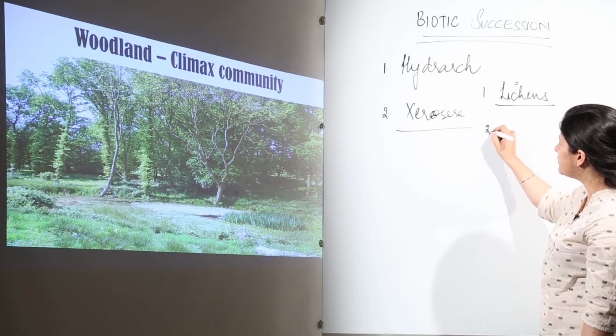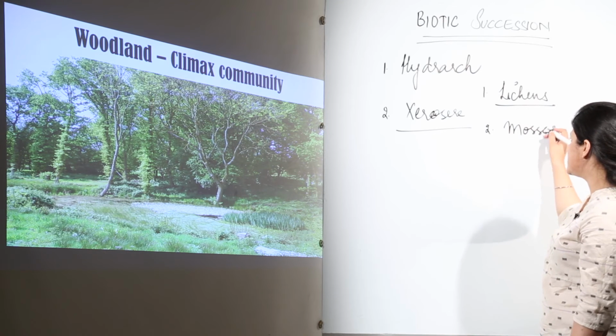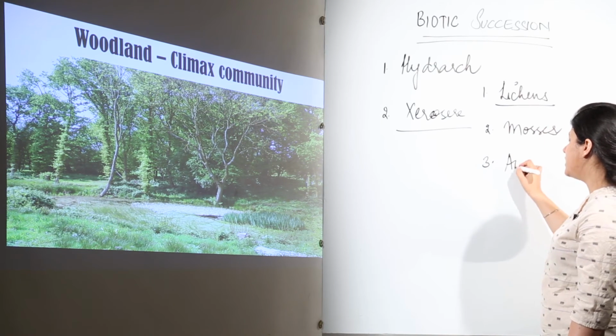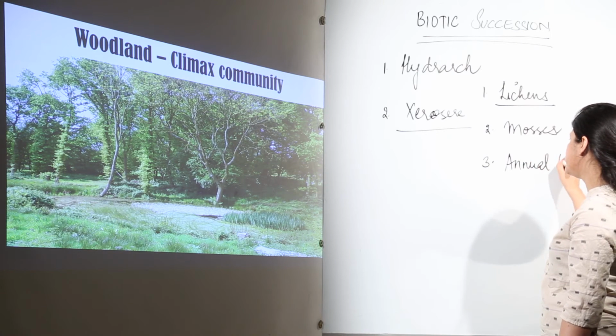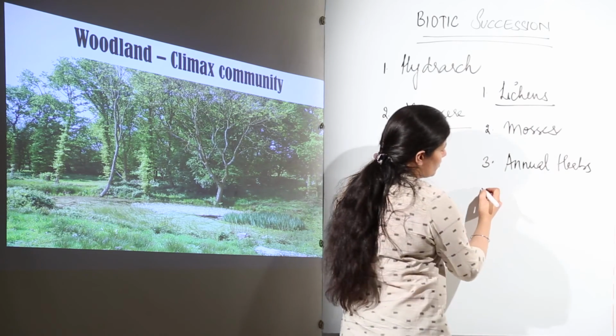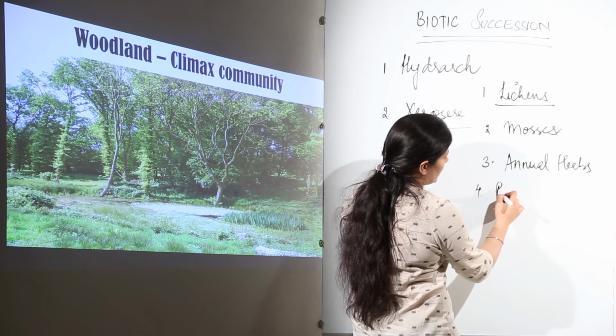These lichens would be followed by mosses. These mosses would be followed by annual herbs. The annual herbs will add to the biomass, add to the nutrition of the rock, and give way to perennial herbs.